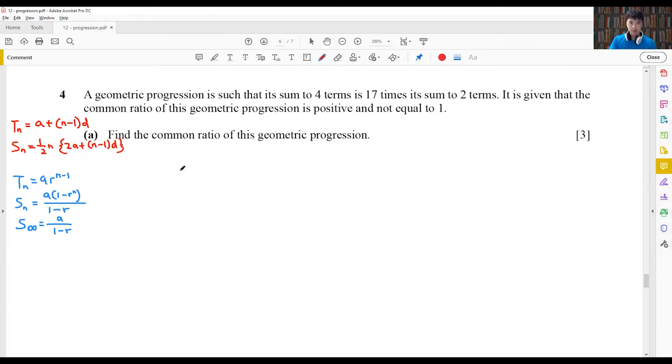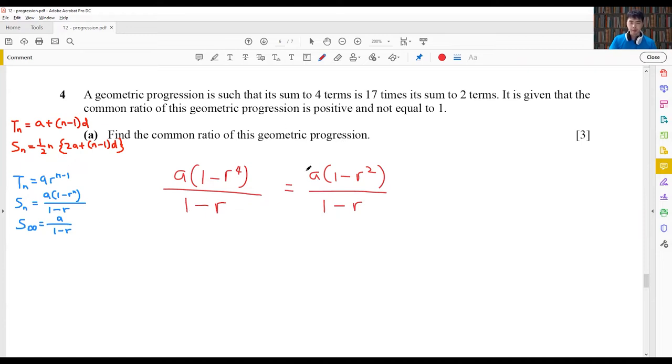The sum of 4 terms, which is a(1 - r^4) over 1 - r, is 17 times its sum to 2 terms. So it's the same right now: a(1 - r^2) over 1 - r. Okay, these are the sum formulas for the geometric progression here.